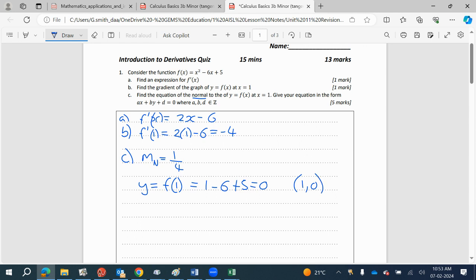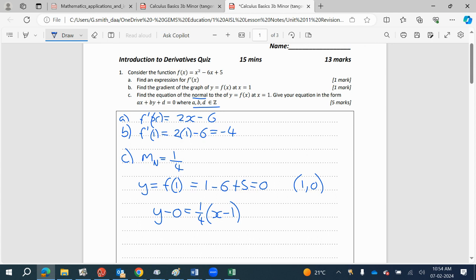We put all three of these numbers, a quarter, 1, and 0, into the equation. We get y minus 0 equals 1 over 4 times (x minus 1). To get it into this form, you have to have integers. It says here this form always requires integers.